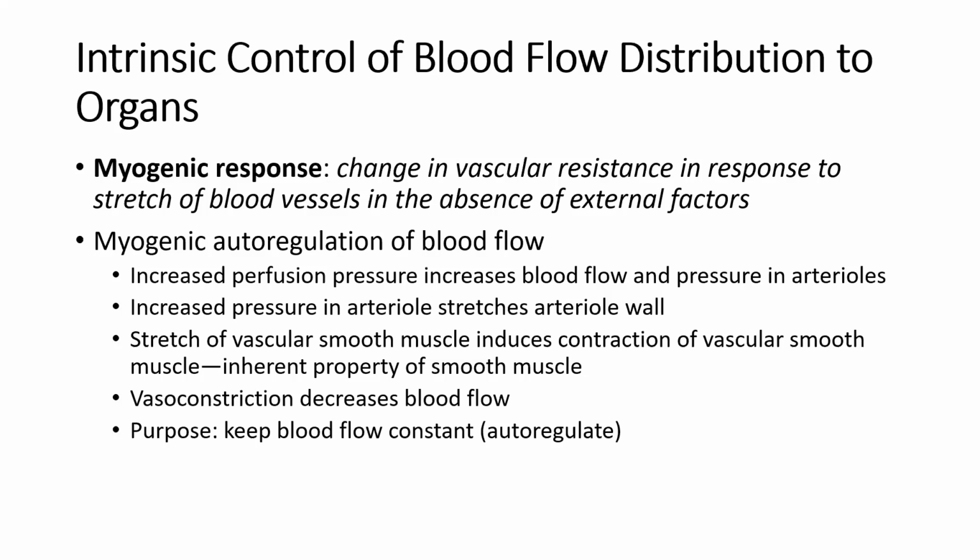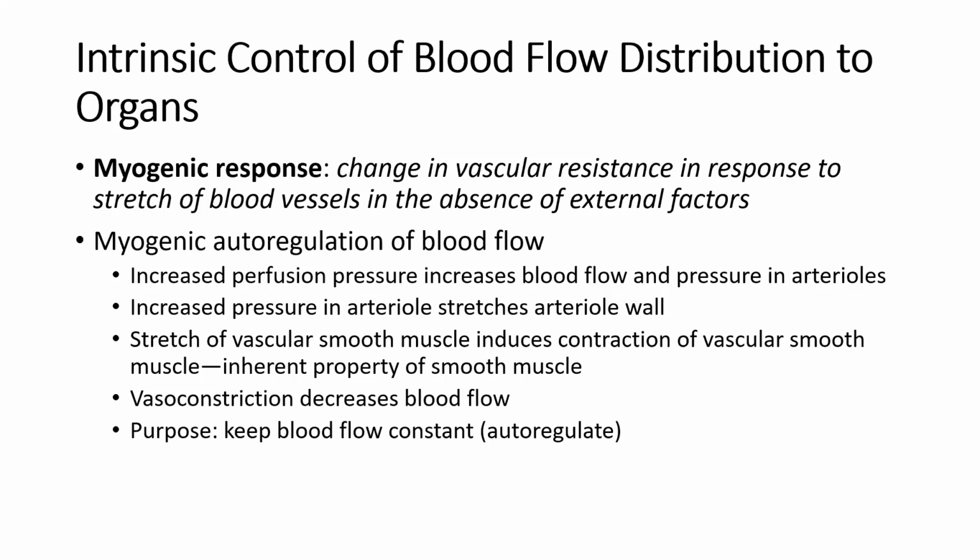And so the response is that if you increase perfusion or increase the amount of pressure that's coming in to these arterioles, you're going to slightly stretch the arteriole to some degree. And the natural inherent response of arterioles when they are slightly stretched is to constrict. Okay, and that's what we see whenever there's increased flow to an arteriole. The natural inherent response is to vasoconstrict.